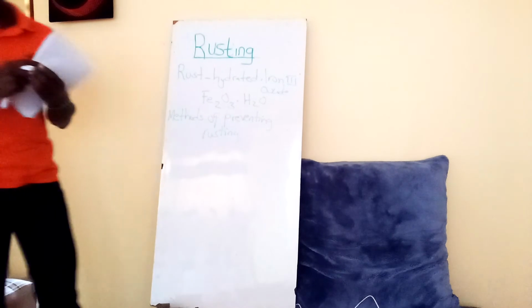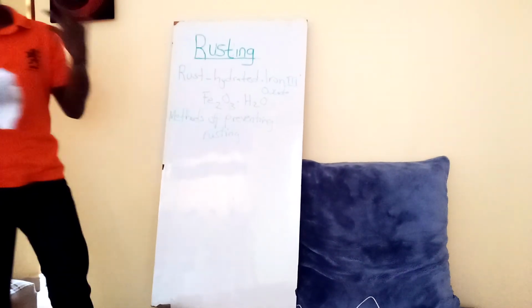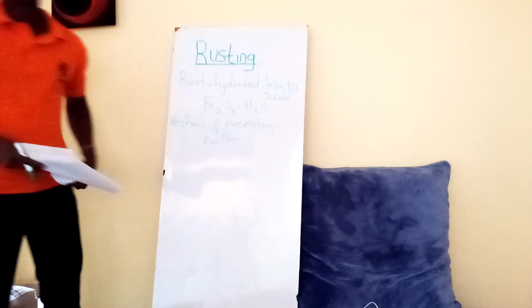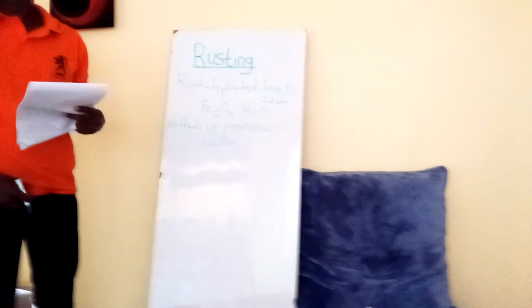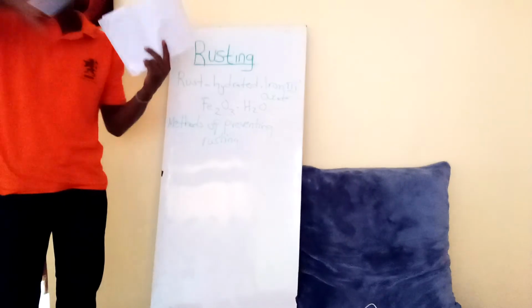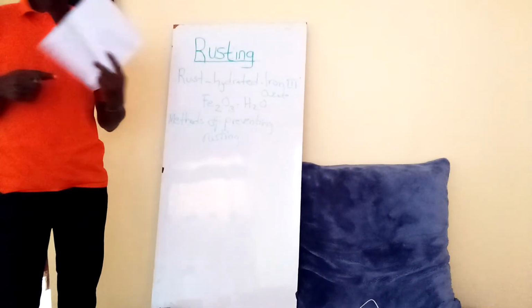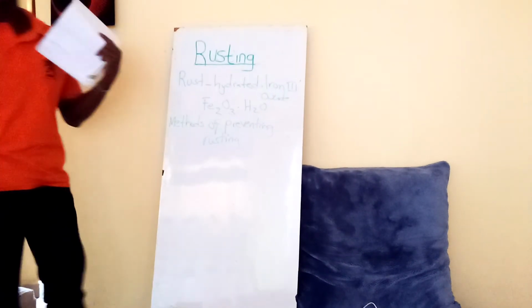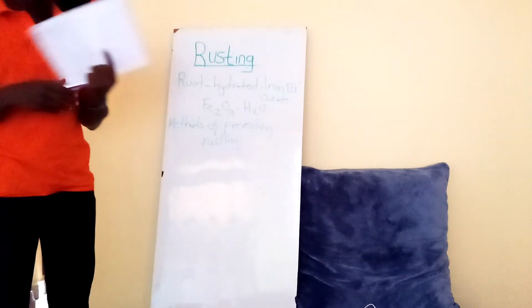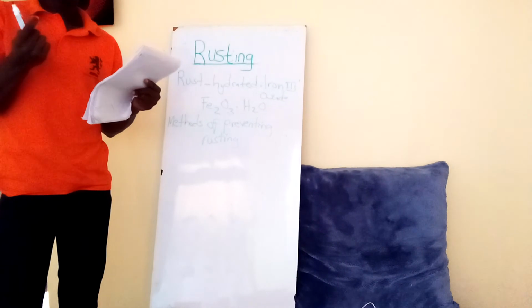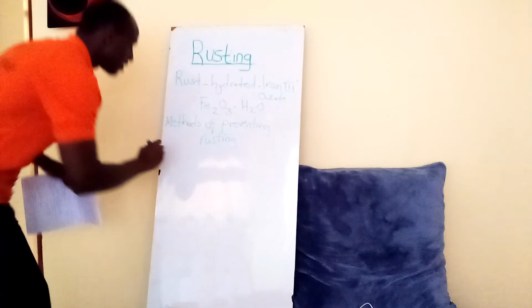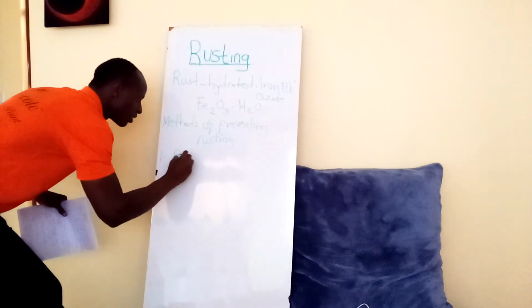So as human beings being innovative, we have to come up with ways of how to prevent rusting. And the most common method of preventing rusting is, if you look around your home, you notice that all metals have been painted. The painting is not only for aesthetics or beauty, but the main scientific reason is to prevent rusting. So the first method is painting.